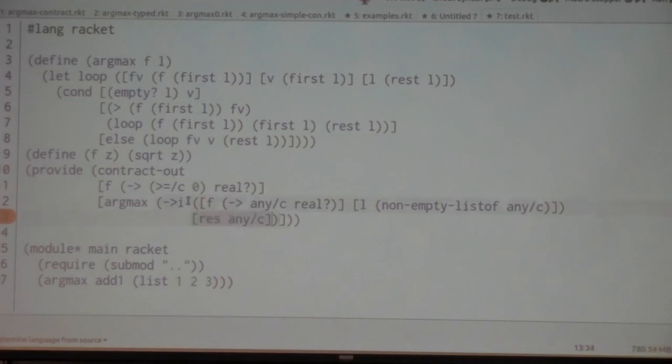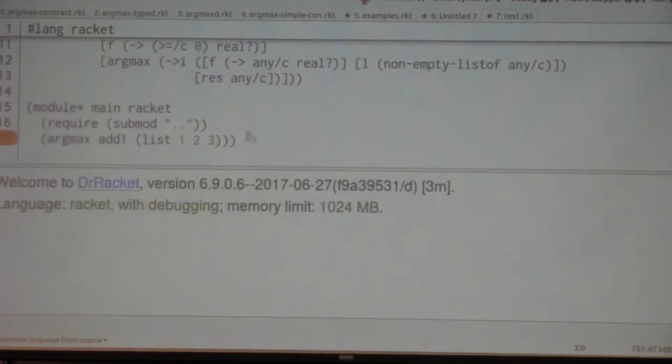So here's the same contract written as a dependent contract. Dependent contracts are written with arrow I for reasons that we'll talk about in a subsequent lecture. But so far we haven't said anything new at all. And this does exactly the same thing.